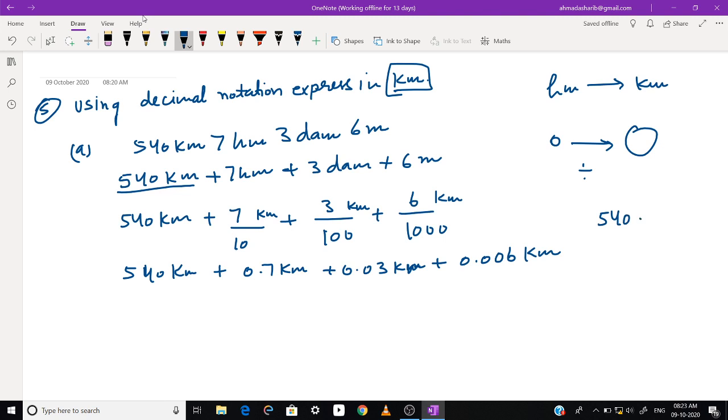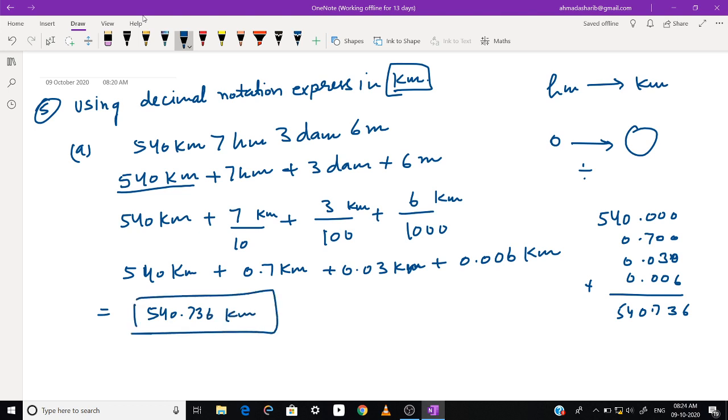If you add all the numbers, 540.000, 0.7, or you can write 0.700, to convert all into decimal numbers, then 0.03 and 0.006. Now add all the given numbers, 6, 3, 7, 0, 4, 5, and place the decimal here. So the answer will be 540.736 kilometers, and this is the final answer.